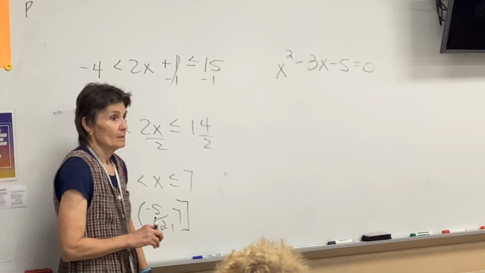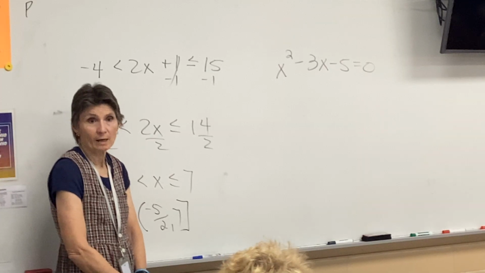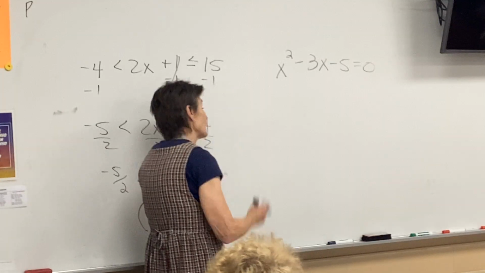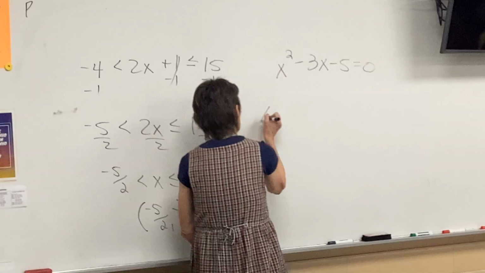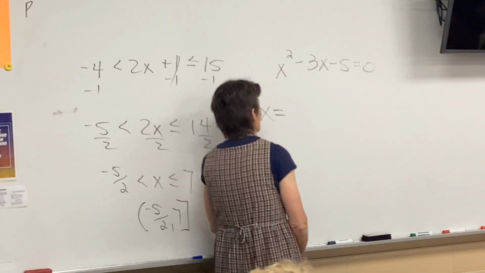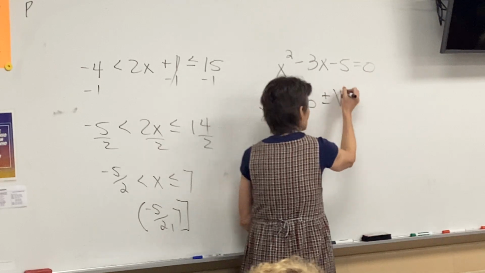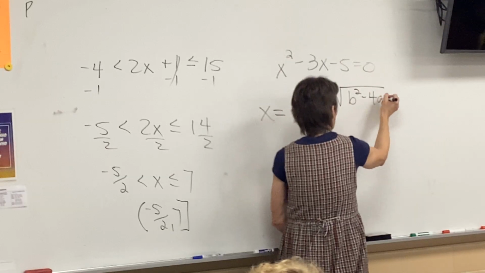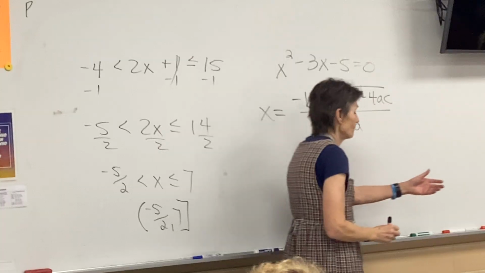No. So, quadratic formula. We need to know the quadratic formula. It will not be written on the exam or on the board or anything. So somebody refresh our memories. What is a quadratic formula? X equals negative b plus or minus the square root of b squared minus 4ac all over 2a.